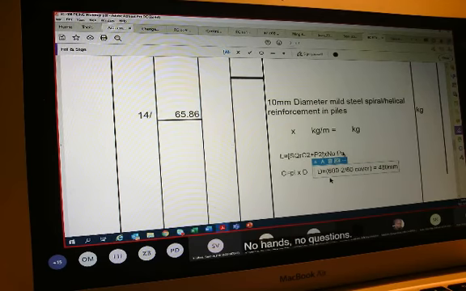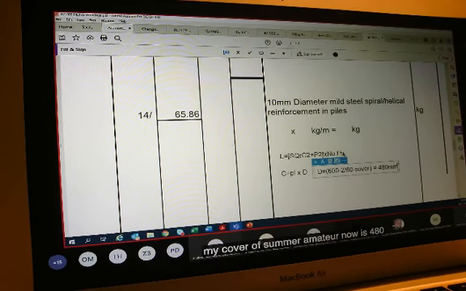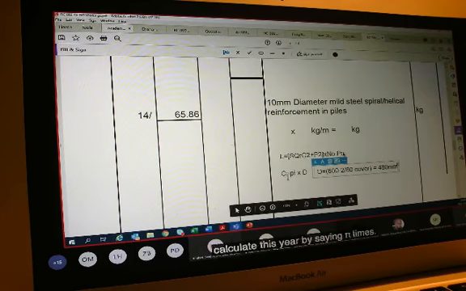So we need to have cover, and in this instance we would work with 60 millimeter cover, and you'd be told what cover you need to have. So my diameter for my spiral would in this instance be 480 millimeters. Does that make sense?